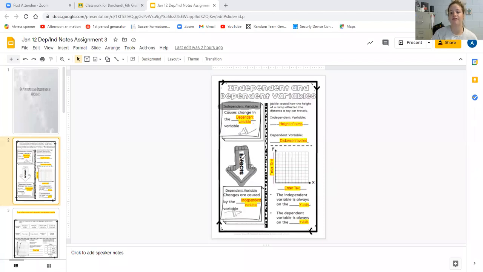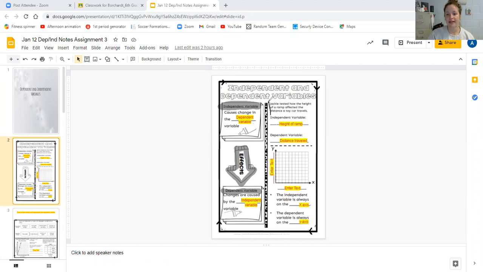That keyword affect is going to stick with us a couple times. It affects your dependent variable. So changes are caused by the independent variable. Remember, your independent can stand by itself. It's going to be what it is no matter what. Your dependent depends on your independent variable.